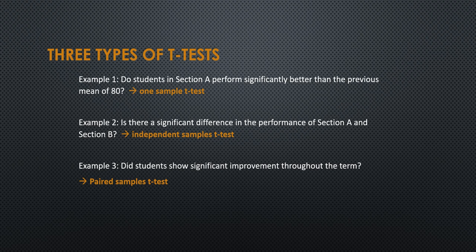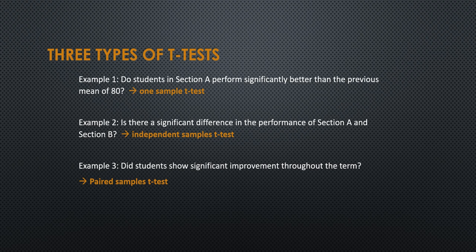So in example 1, you would want to notice the keyword better right here, because if we are testing to see if evidence indicates that students in section A perform significantly better than the mean of 80, then that hints at the fact that we will be doing a one-tailed test and specifically using the greater than symbol.